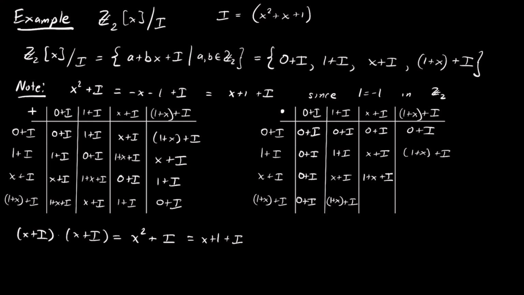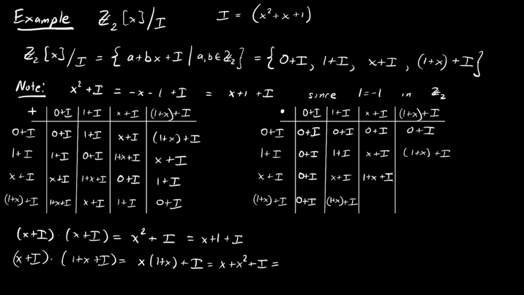Okay, what about if I take x plus I times 1 plus x plus I? Let's see how that one works. So if I do x plus I times 1 plus x plus I, this is going to be x times 1 plus x plus I. And what does that end up being? Well, that's x plus x squared plus I. And what does that equal?